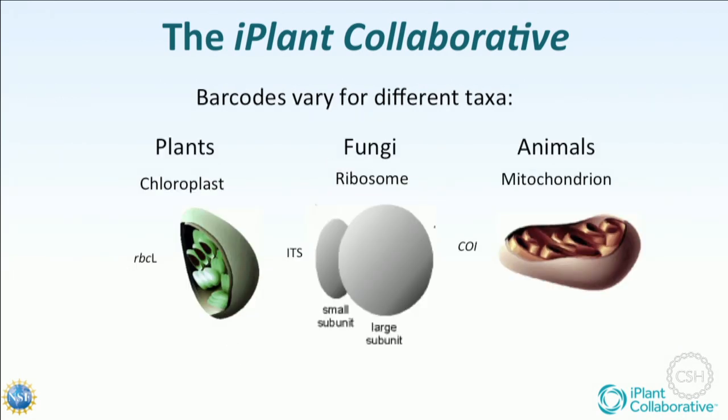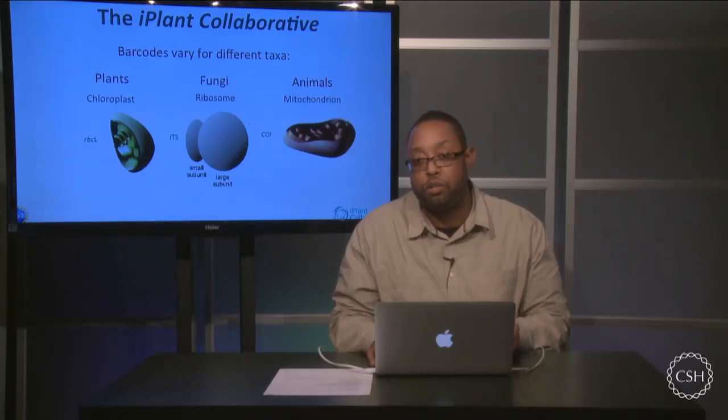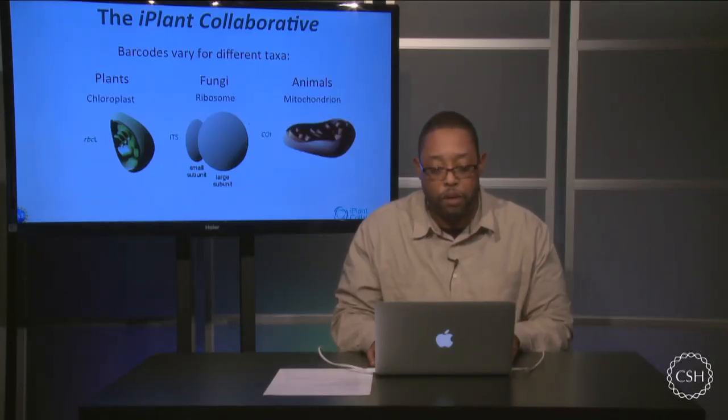Now, the different types of genes that we're going to use here are pretty synonymous with different groups. In plants, although they do have mitochondria, the main target that's identified is RBCL, which is actually a chloroplast gene known as rubisco. In fungi, we're going to look at a nuclear ribosomal gene, an ITS, which is an internal transcribed spacer, found on the nuclear ribosome.